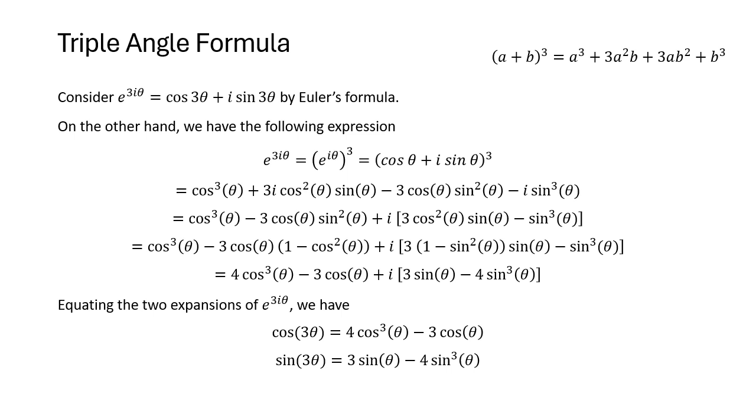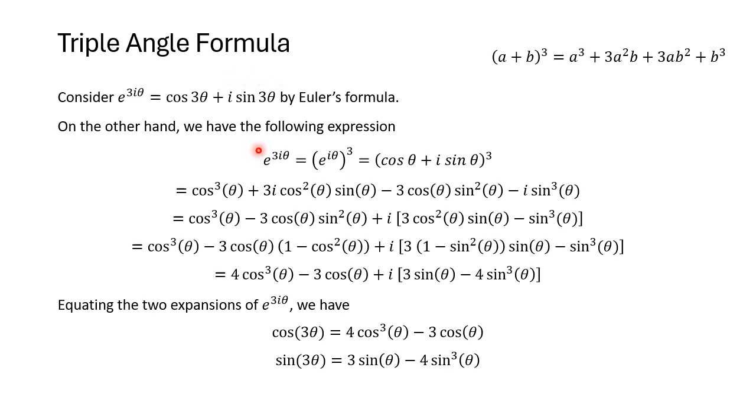Euler's formula can be used to prove various trigonometric identities. We're going to do one example here. If you take e to the 3i theta, which I'm pointing to here, and using Euler's formula, we get cosine 3 theta plus i sine 3 theta.